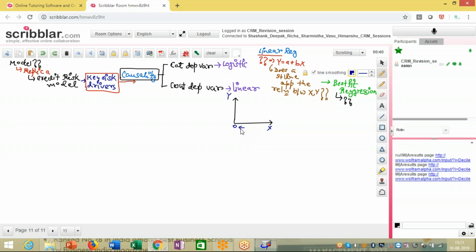So I have my x series over here. I have my y over here. So now let's say I have the scatter plot between x and y looking something like this.